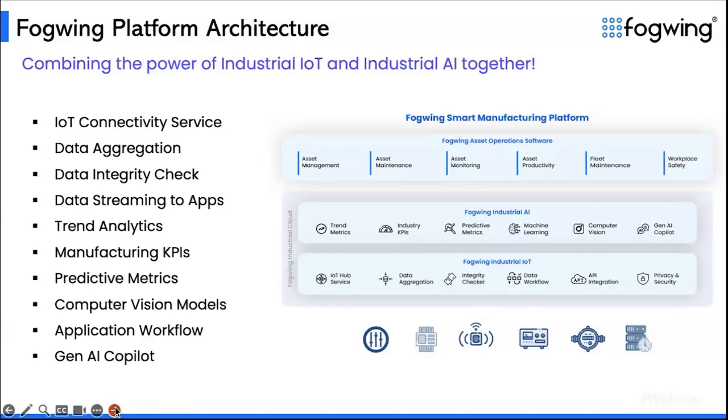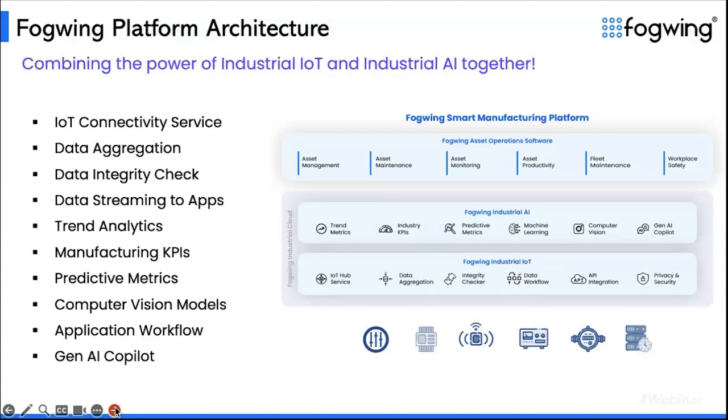Quality inspection uses computer vision models and ML AI models, so we can build quality solutions. There are application workflows built within the application. We also deploy and integrate Gen AI copilots for intelligent information. So all of these are services or components that we use within the platform in general.